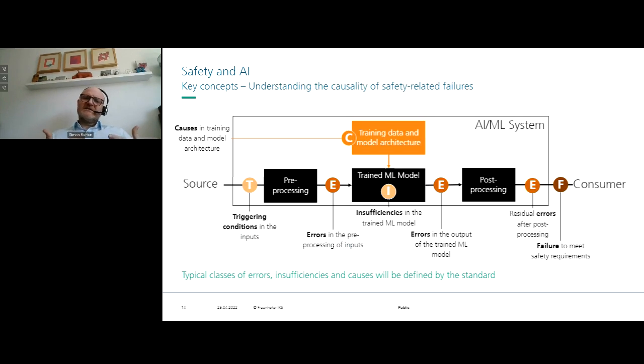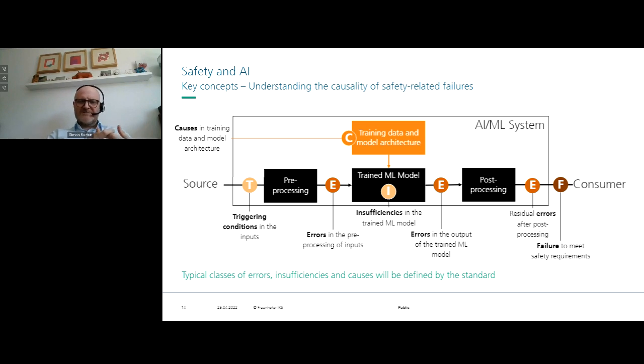At the core of the standard, just like in many other standards, there will be an analytical approach to trying to understand what types of errors in the system and within the components could lead to safety-related failures.